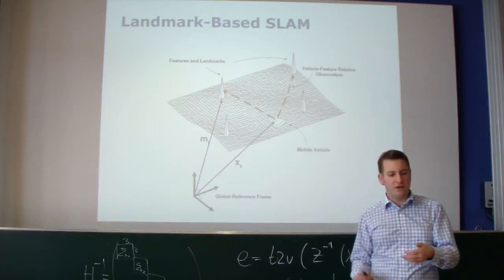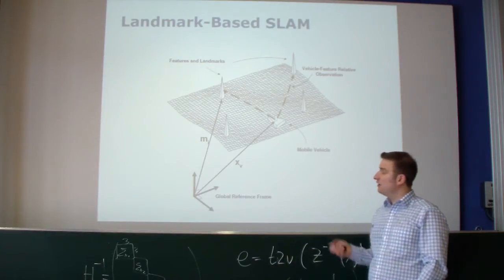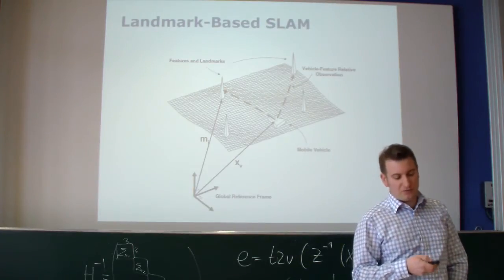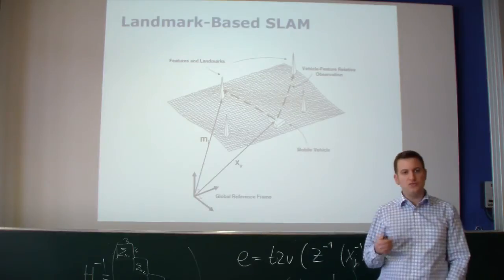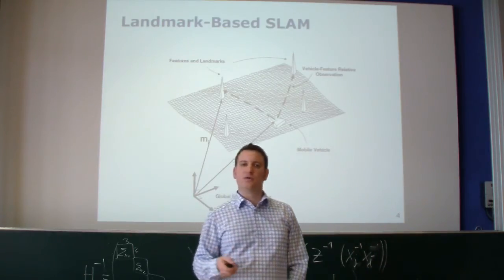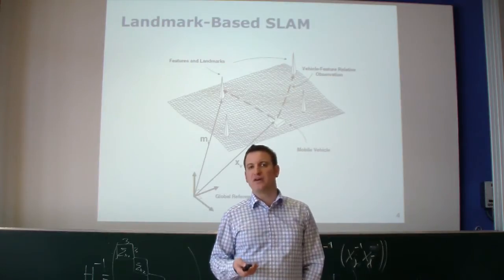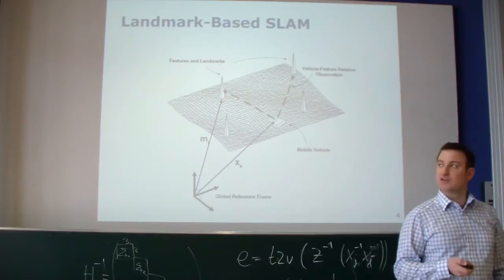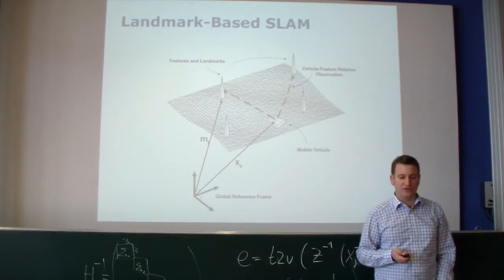So there are different kinds of observations you may obtain, and you may want to represent them to build up this graph of robot positions and features. We will look today into what we need to change in our optimization framework to deal with these situations.